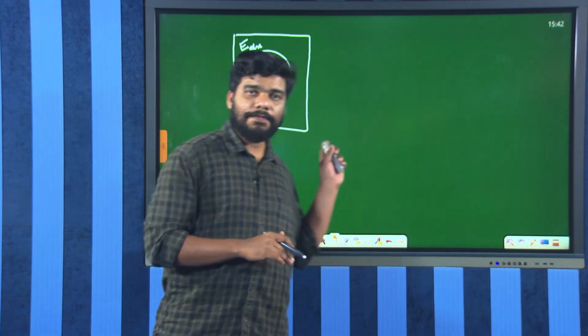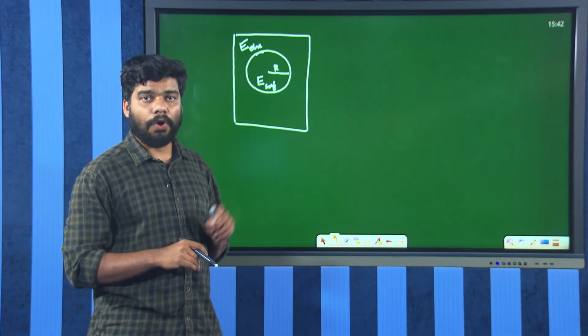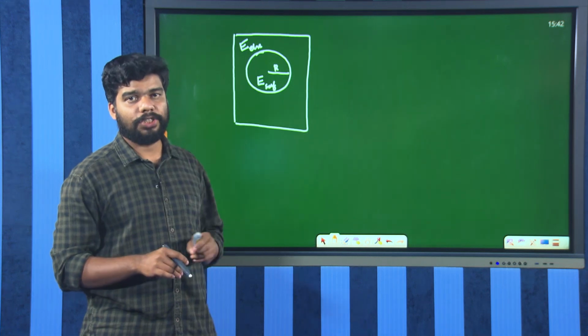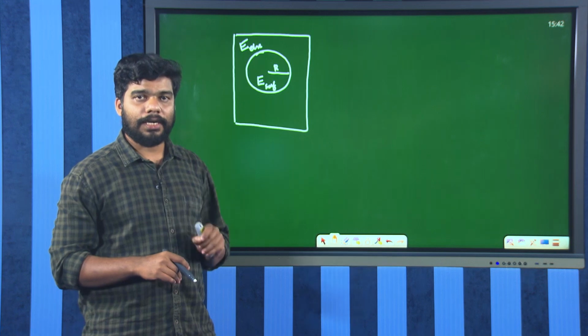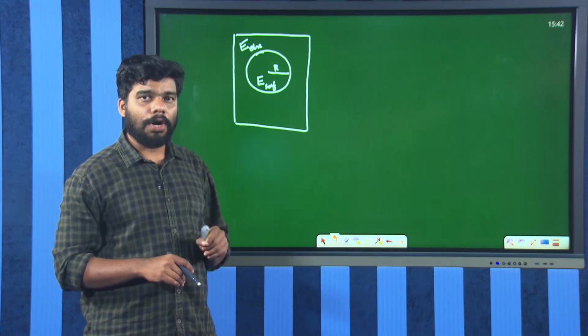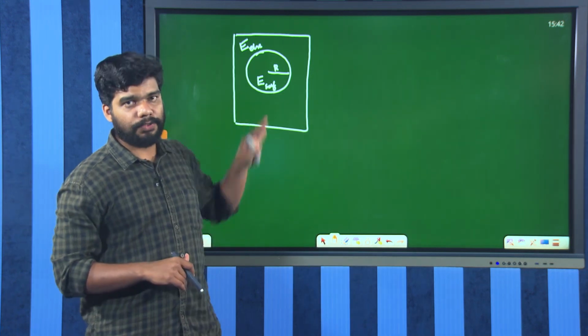So, E self is the average electric field over the surface due to polarization by itself, while E else is the average electric field due to all molecules outside this sphere.